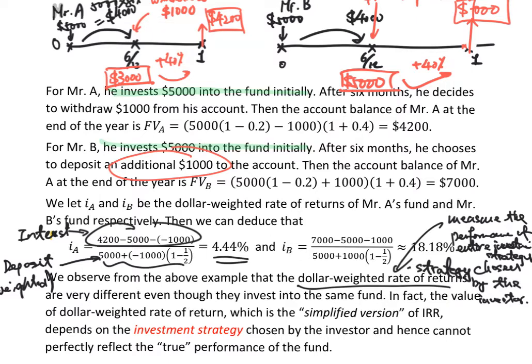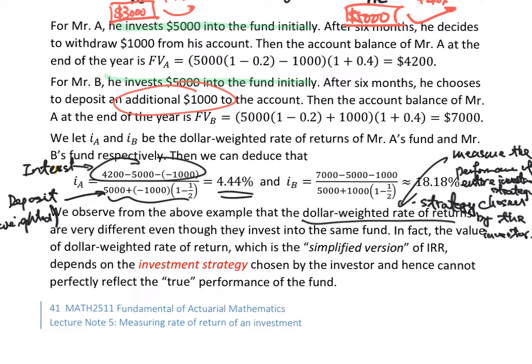Now, let's suppose I'm just interested in looking at the performance of the financial instrument itself. Then what should we do? Of course, the dollar weighted rate of return will not be that useful because it is also affected by your investment strategy.